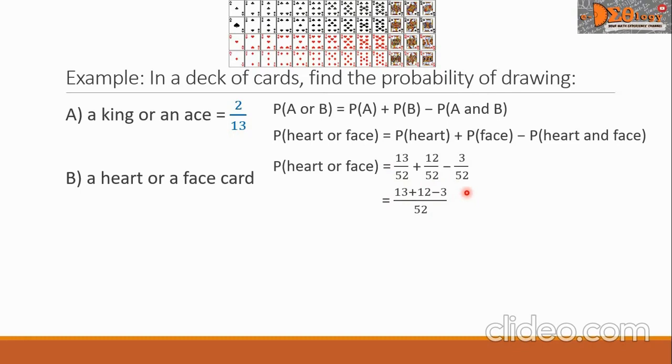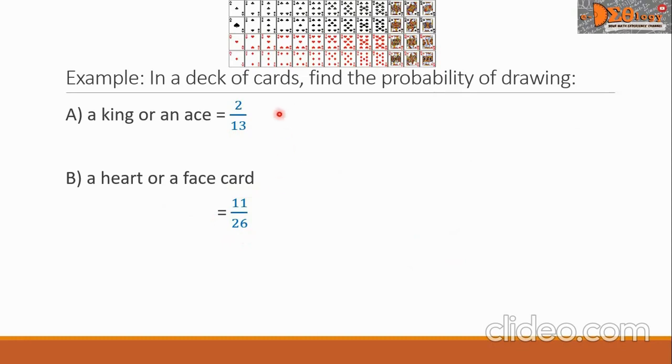When we simplify the numerator, it will be 22 over 52, which is reduced to lowest terms as 11 over 26. And this value is our probability of drawing a heart or a face card. And we put our answer below problem B. We are done with our example here. This is our final answer.